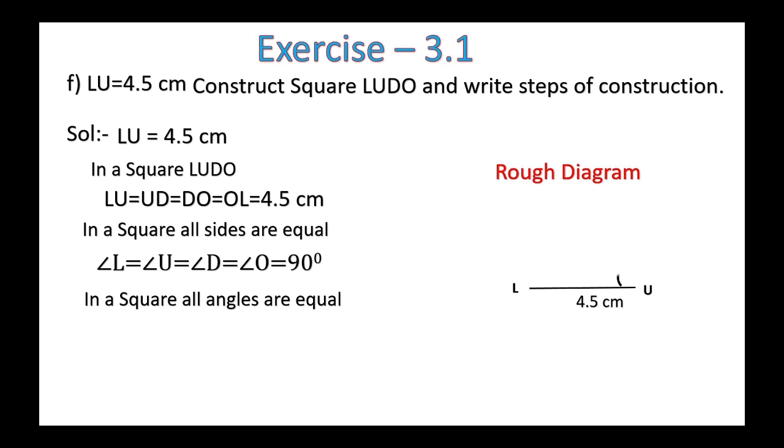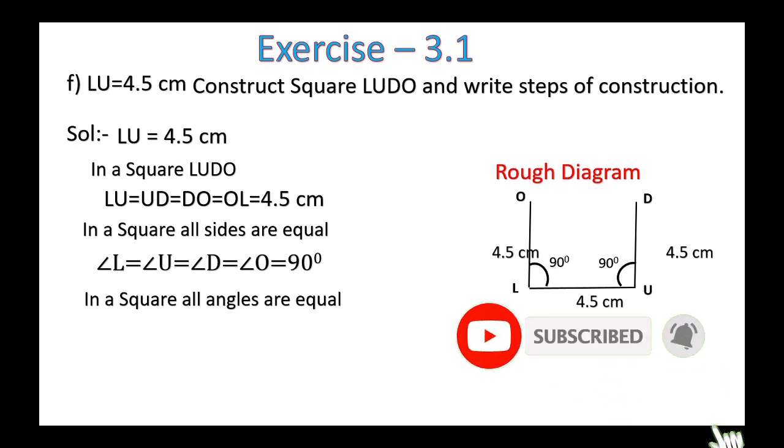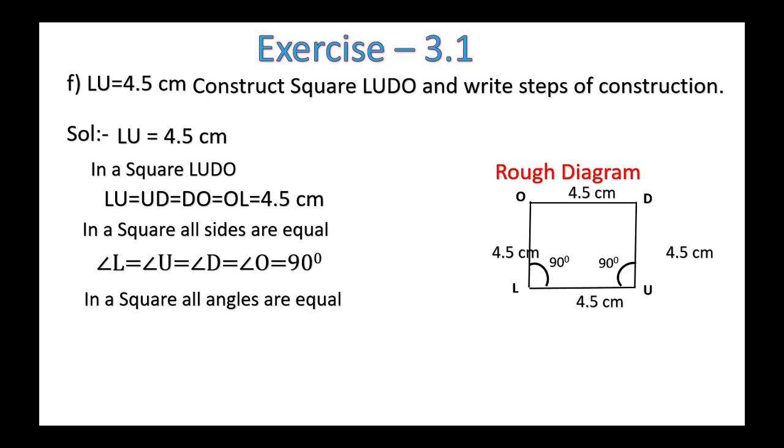In a square all angles are equal. Drawing rough diagram. LU is equal to 4.5 centimeters, angle U is equal to 90 degrees, UD is equal to 4.5 centimeters, angle L is equal to 90 degrees, LO is equal to 4.5 centimeters, OD is equal to 4.5 centimeters.